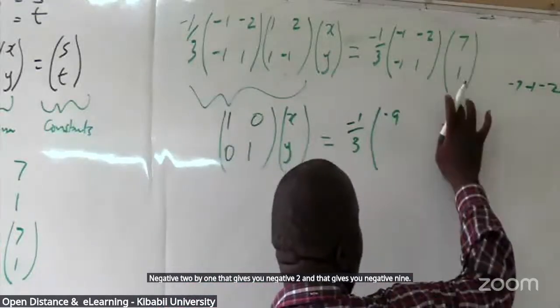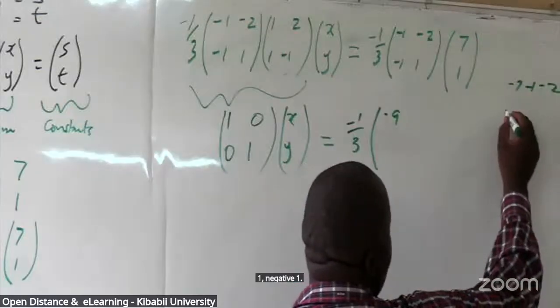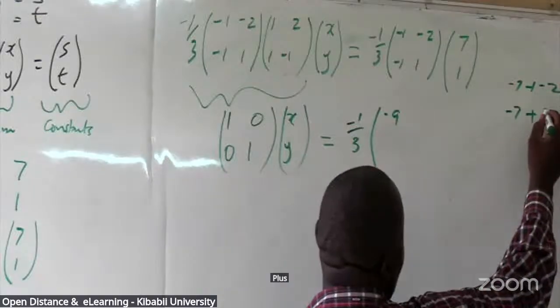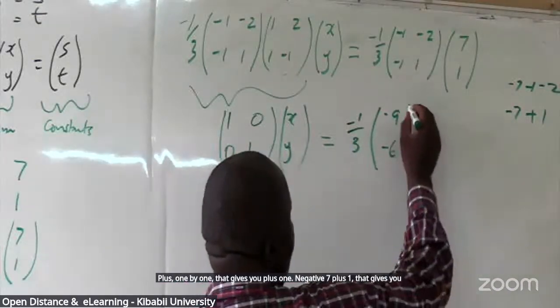Row 2, column 1: -1 by 7, that gives you -7, plus 1 by 1, that gives you +1, -7 plus 1, that gives you -6.